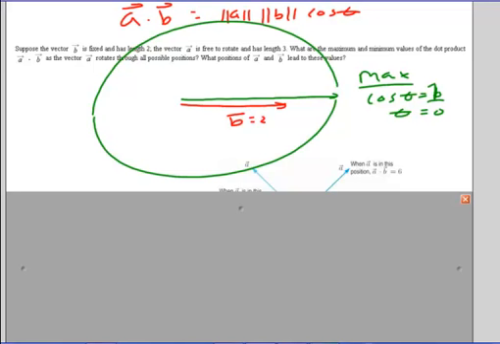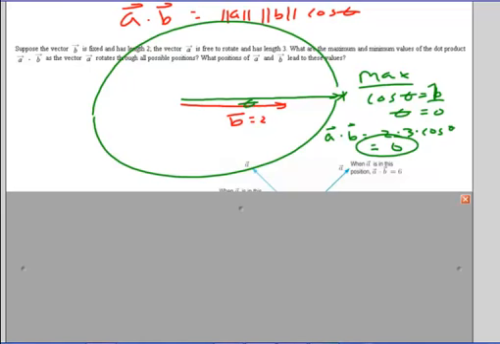So when the angle between them is 0, at this point right here, a dot b will equal 2 times 3 times cos of 0, which equals 6.